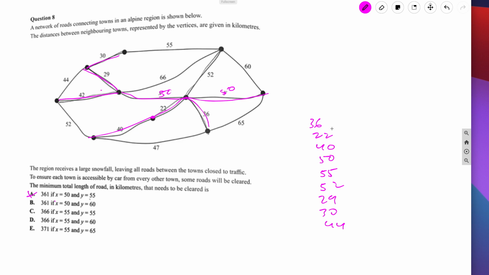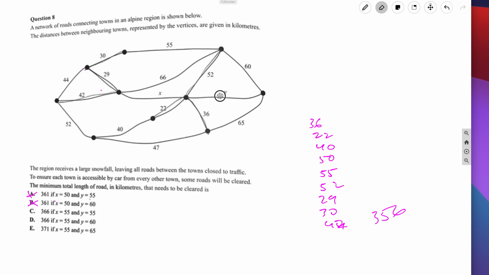I should have probably gone 42. Yeah, that should be 42, so that would have been 356. But anyway, 42. And then only got to connect that one. Looks to be the shortest is 52. There we go. So I think that is exactly the same as what we had before. So that should be 356 as well. So that is not going to be it. So then the next one, 55, 55. Okay.